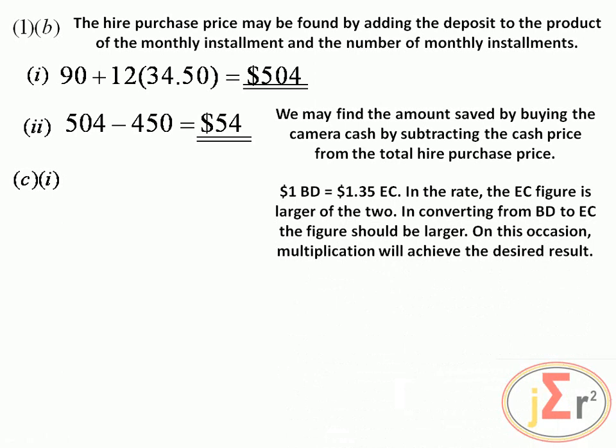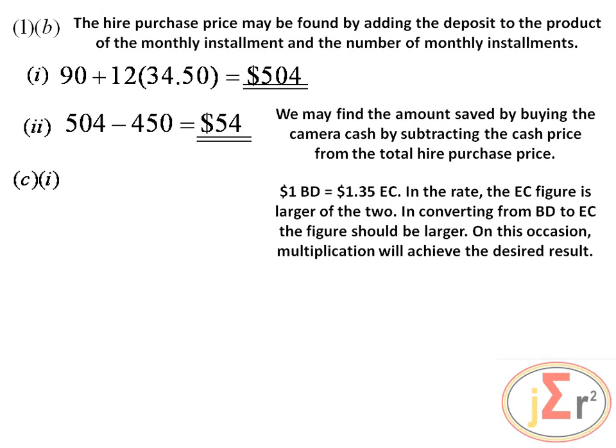Now we have our currency problem, and I kind of like this one because it has other calculations that are not related to currency conversion that we need to perform in the end. So we have 1 Barbados dollar is equivalent to $1.35 in Eastern Caribbean currency.